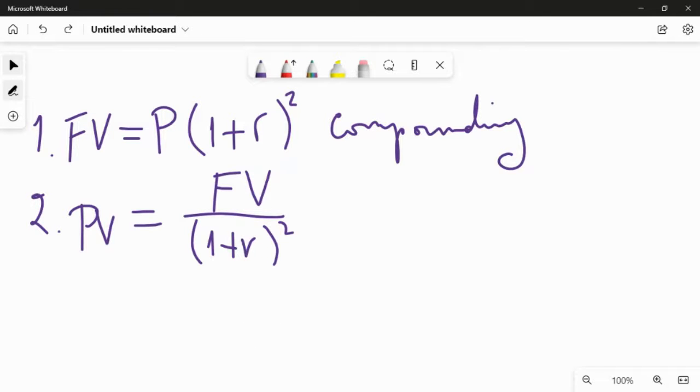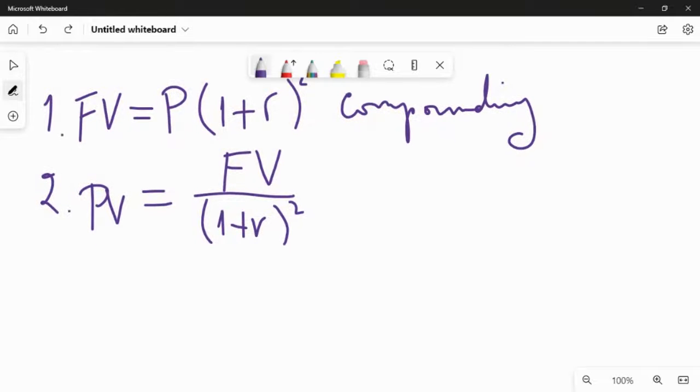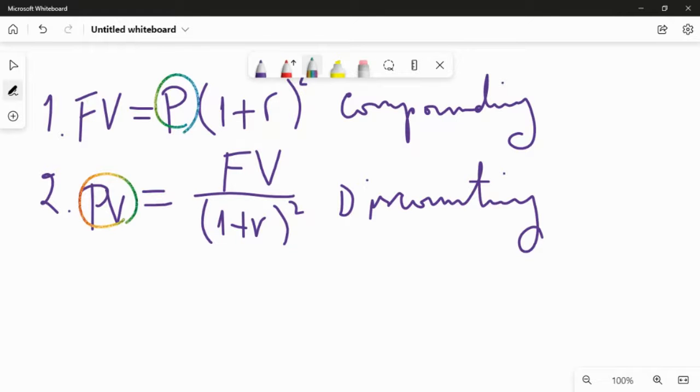This process is called discounting. They are reverse processes of each other.